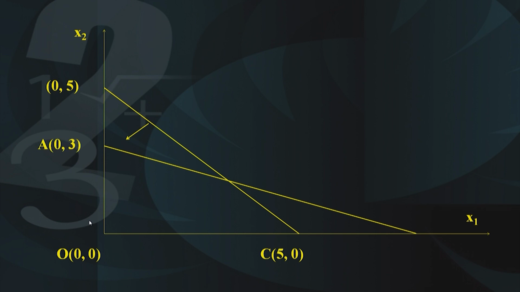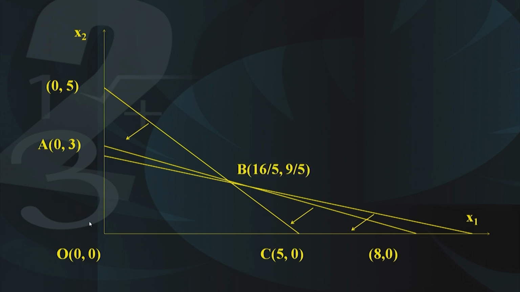This passes through the 2 points A given by 0, 3 and the point 8, 0, and the arrow indicates that the feasible domain is below the line. Also, the third constraint also passes through this point and the feasible domain is below the line.